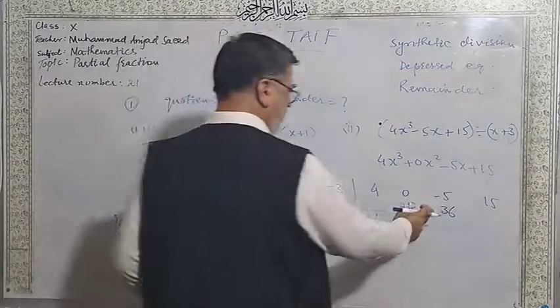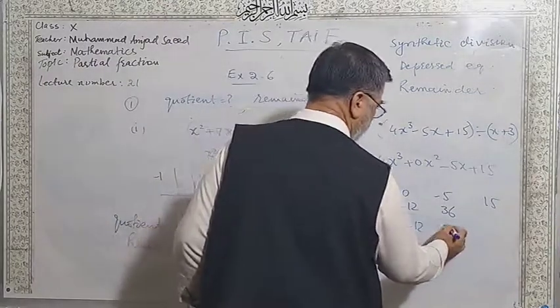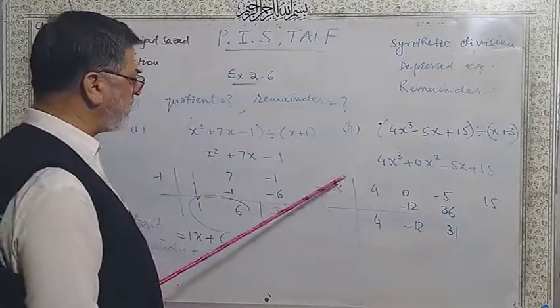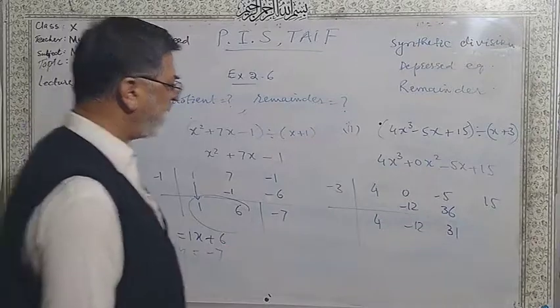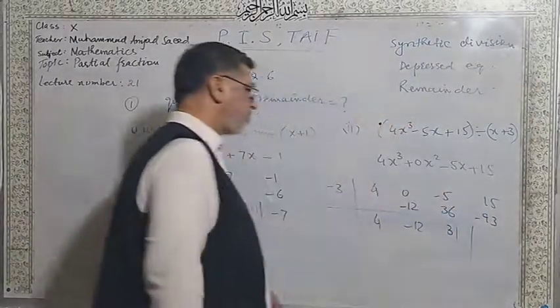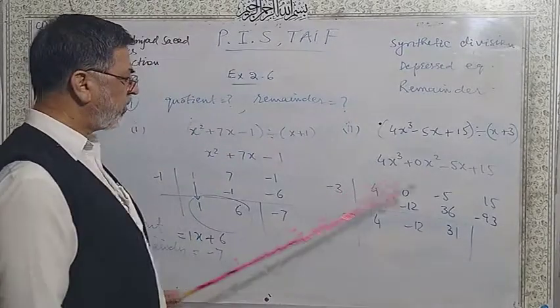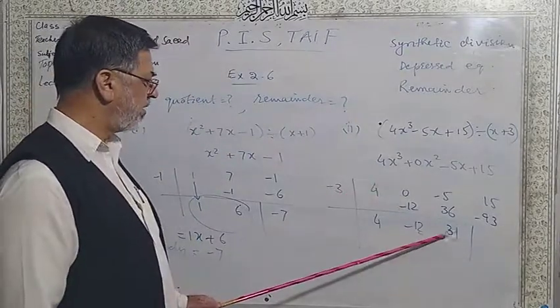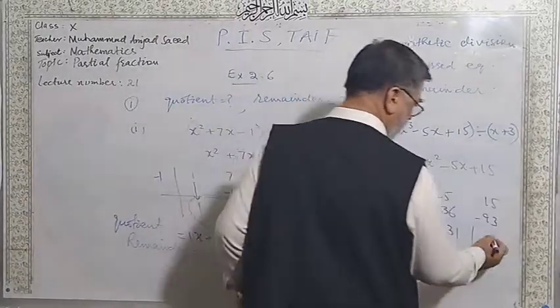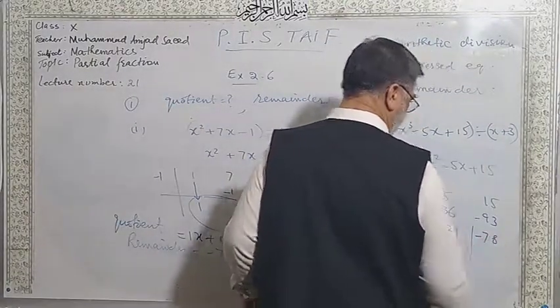Then 36 minus 5 is 31. Now this 31 is again multiplied by minus 3. It will be minus 93. 3 into 31, minus 93. Then 15 minus 93 is minus 78.